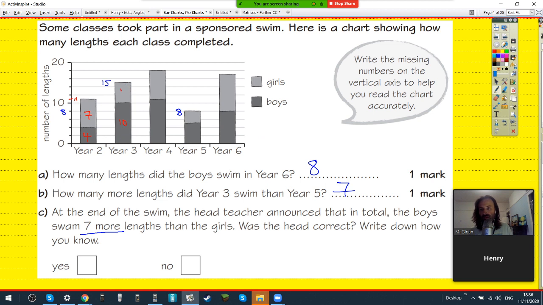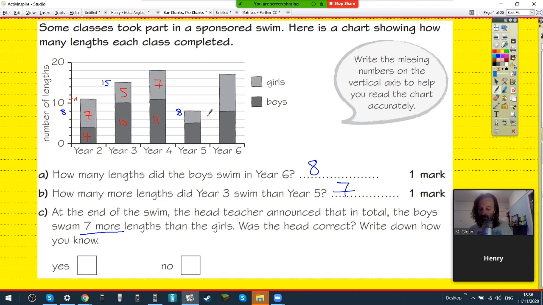Year 4, boys are at 11, and girls are at 2, 4, 6, so 7.